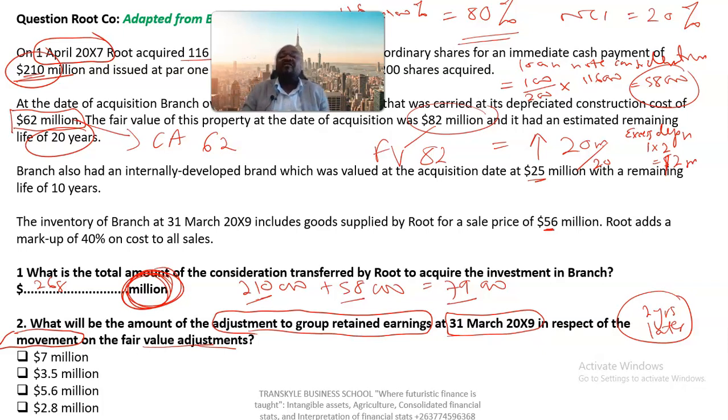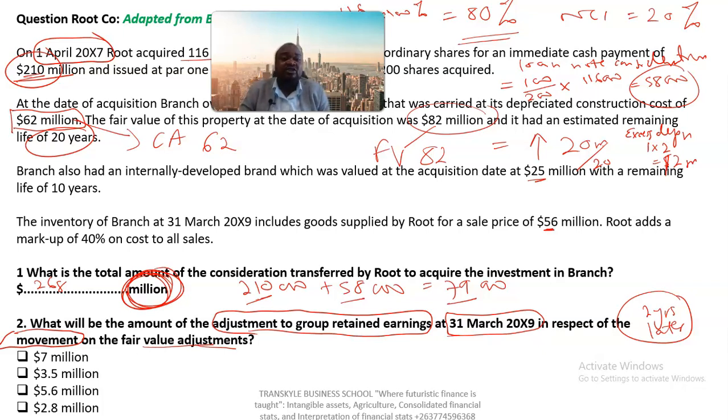All right. The fair value uplift was not going to affect the group retained earnings. Why? Because the fair value uplift only affected the revaluation reserve, and at the date of acquisition it was in addition to the value of the net assets at acquisition.